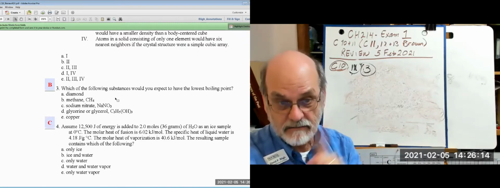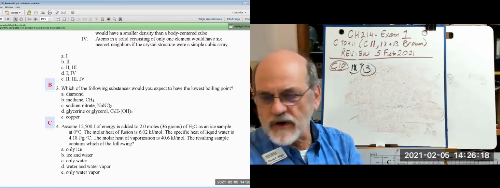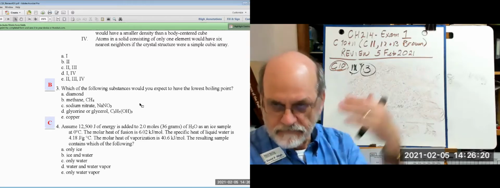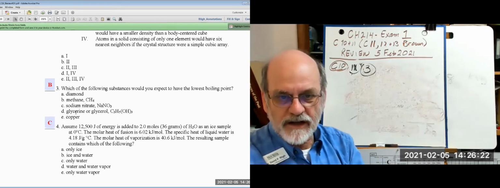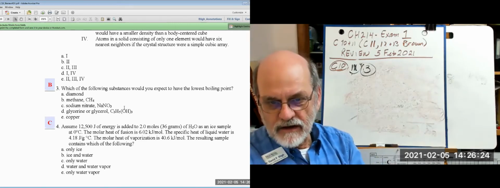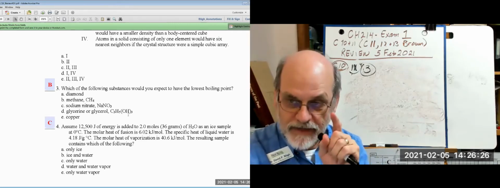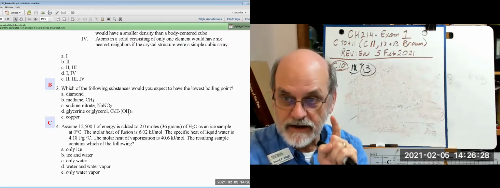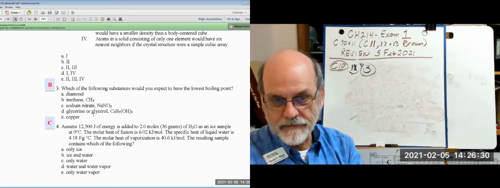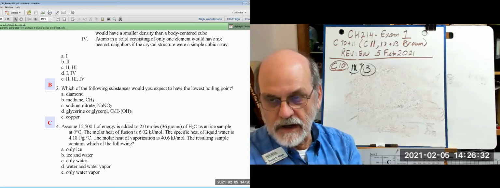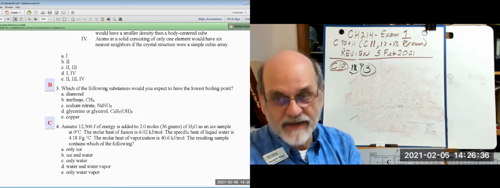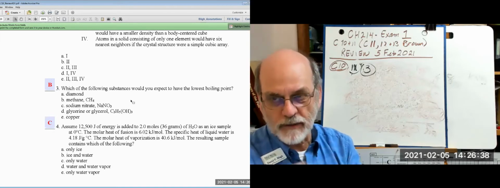That's a candidate, right? CH4. Sodium nitrate, it's ionic, very high boiling point. Glycerin or glycerol, look at all these OHs. That means that hydrogen bonding is possible. Right? So it's going to be a higher boiling point than methane. Methane is really the lowest boiling point of all of those.